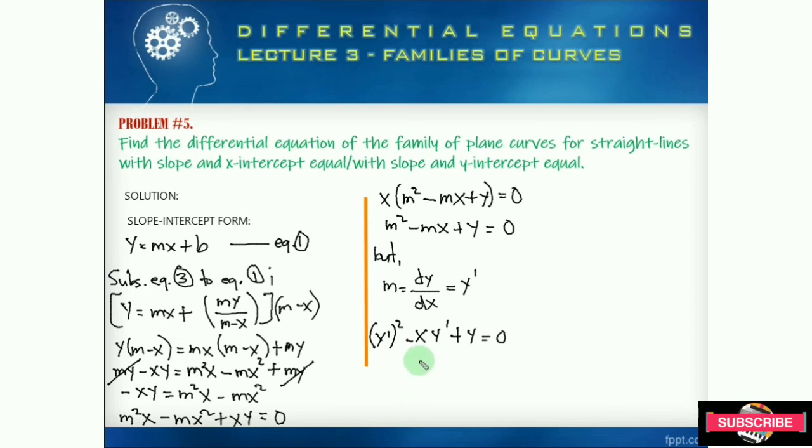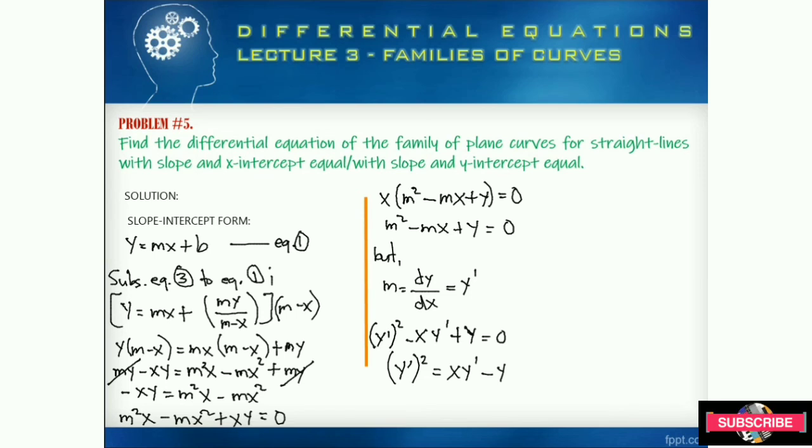So if you're going to transpose this one to the other side, we will have this value here. So y prime squared is equal now to x y prime minus y. So it could be either of these two, so you can choose this as your final answer, or you can have this one as your final answer.